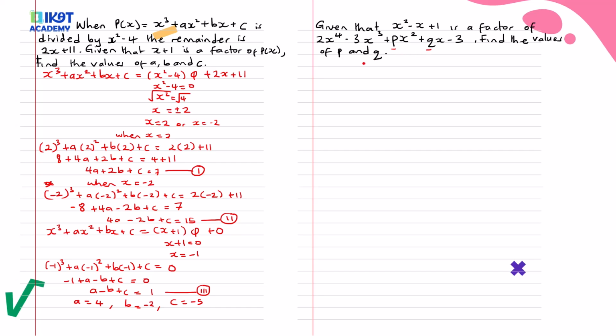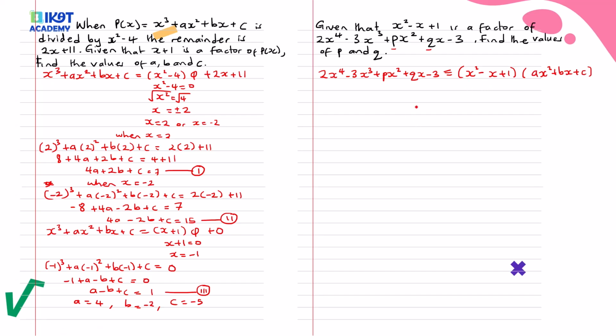So what we do for this question, since this is 2x to the power 4 minus 3x cubed plus px squared plus qx minus 3, we're going to say this should be equivalent to, using the concept of the perfect square, this plus 1, and then another quadratic, this.